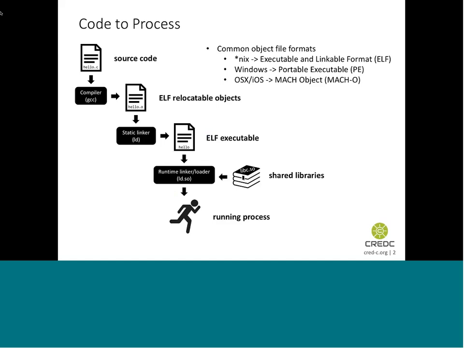So as we begin, we can look at how our source code actually becomes a running process. Most of us will be familiar with this, but very quickly, we know that we can compile our code. We usually get object files. Depending on the platform that you are working on, the format for those object files and the eventual executable differs. So for Unix type systems, this is typically an ELF file, an executable and linkable format. If you're on Windows, this would be a portable executable, or if you're on OS X, that would be a Mach-O object.